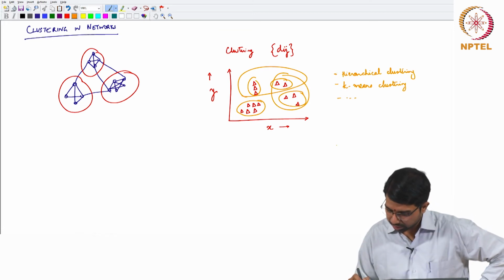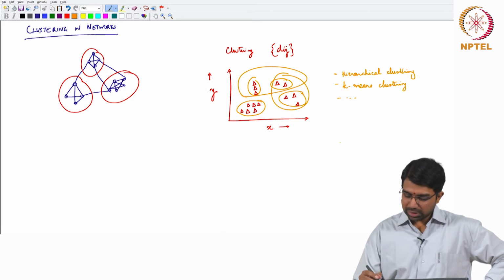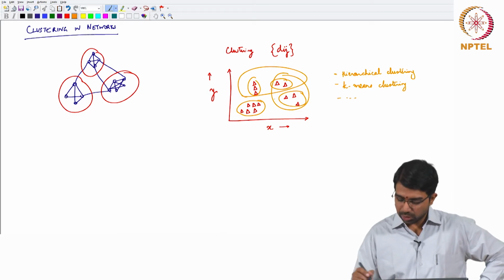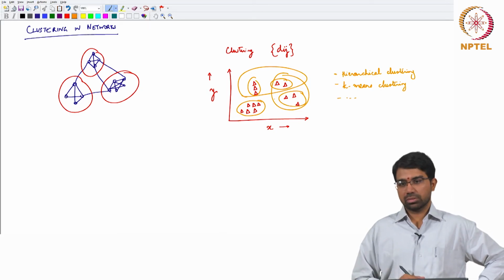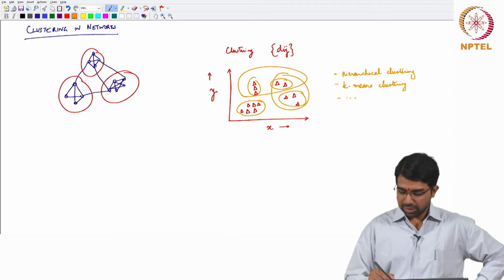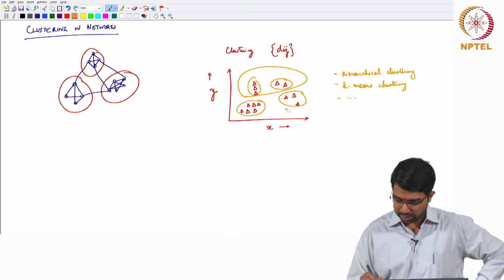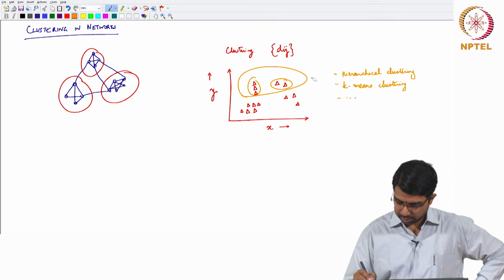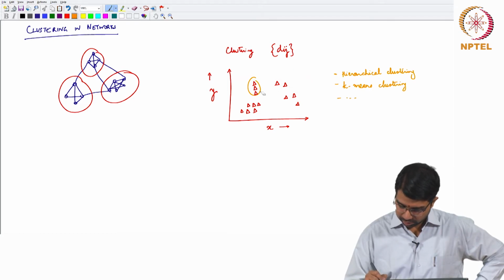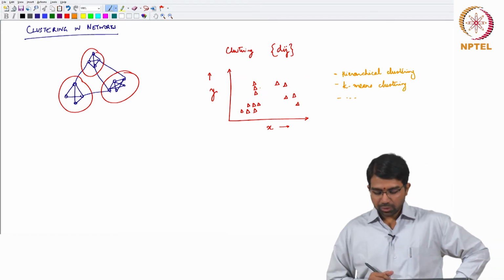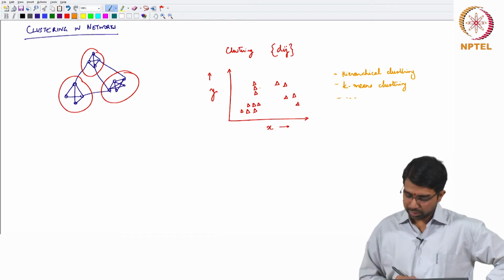What is hierarchical clustering? You essentially first find out the 2 nodes that are closest. Given a set of points like this, which 2 points are closest to one another?